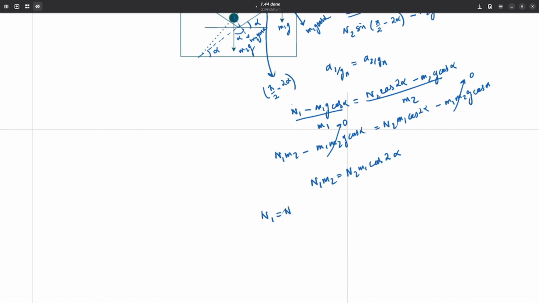Since n1 is equal to n2, we get the relation m2 is equal to m1 cos twice alpha. From here we can see that the maximum value that m2 can have is m1 cos twice alpha. Therefore, the relation we are interested in is m2 is less than m1 cos twice alpha. And this is our answer. Thank you for watching.